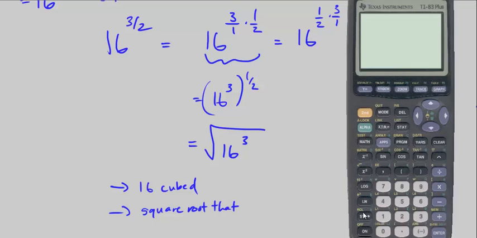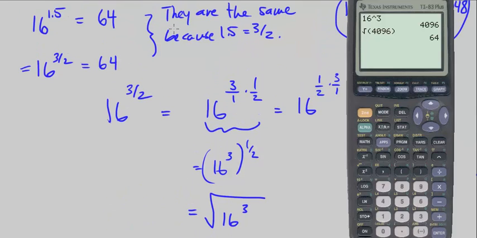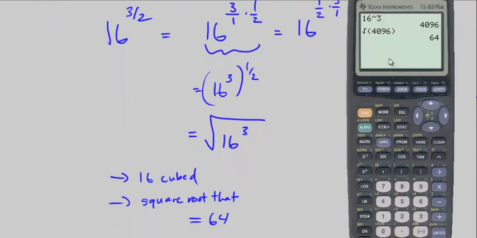So we can take our calculator and go 16 cubed, 4096, and square root 4096, right? And we're going to get 64. And so that's 64, exactly what we get when we do it in one step using our calculator.